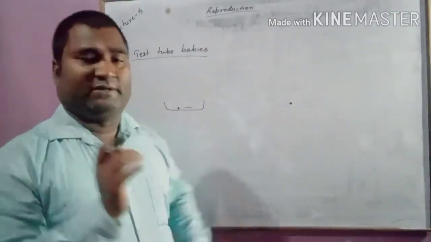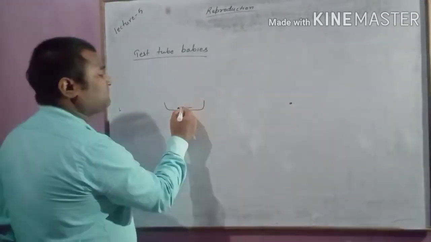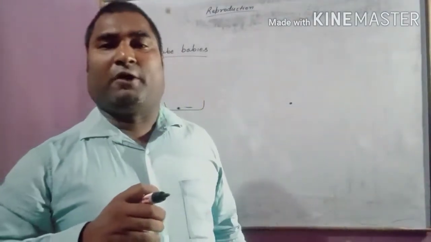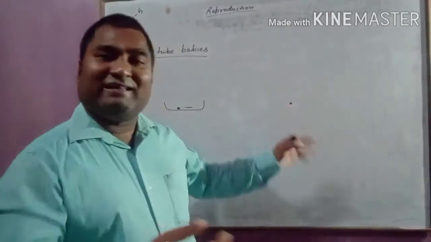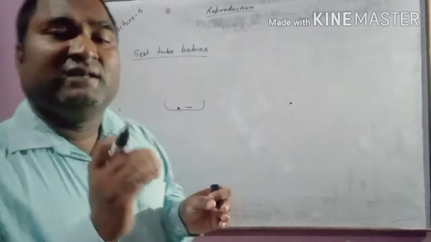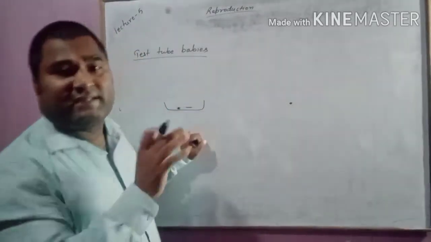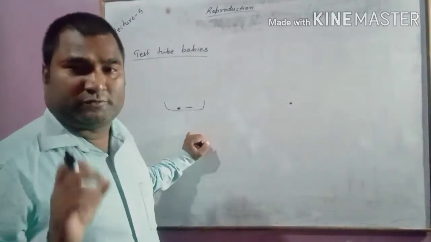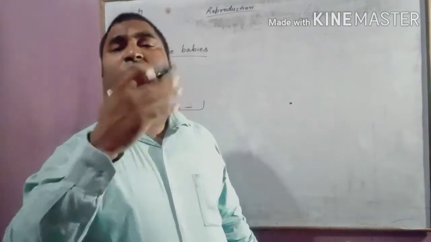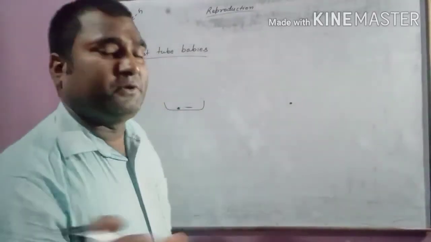So the ova from the lady and the sperm from the husband are taken, and they are provided a proper temperature and proper environment, and within 1 to 2 hours or a few hours this sperm will fuse with the ova, meaning outside the female's body. The ova is taken out from the body and allowed to fuse with the sperm in a test tube, and this develops the zygote. It is allowed to grow for a few days, and this will develop into an embryo.